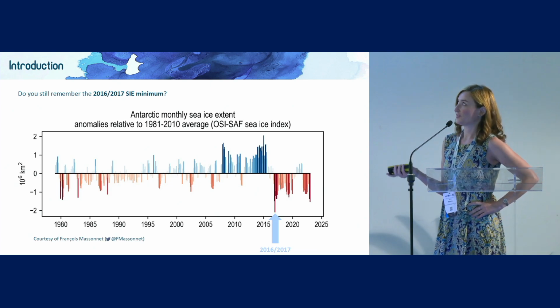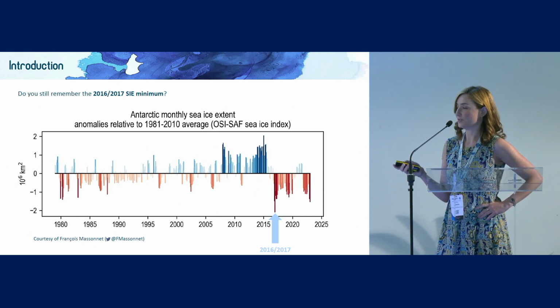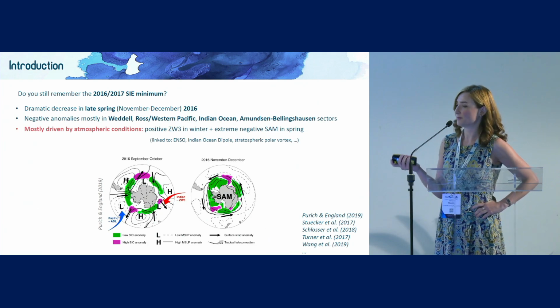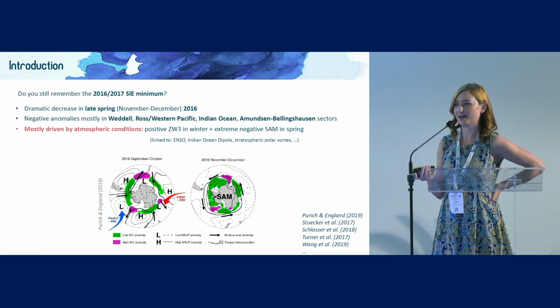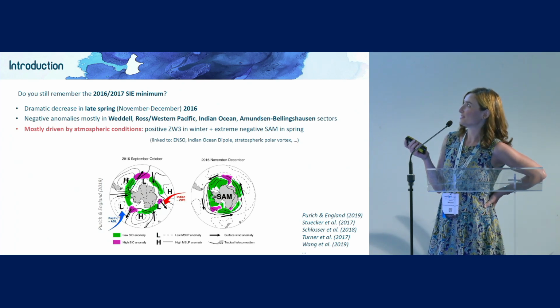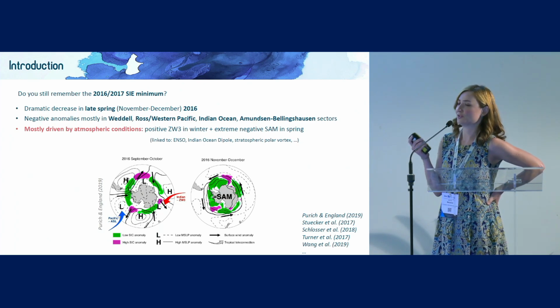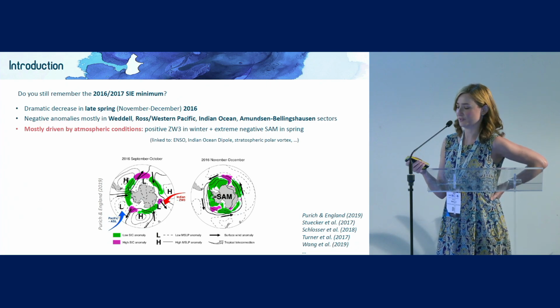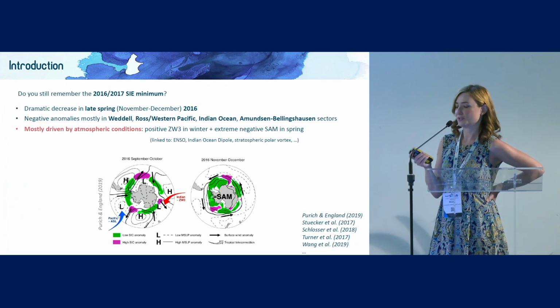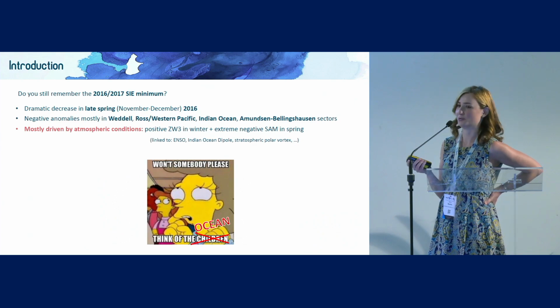So, of course, these events have been discussed a lot and described, and in particular, the driving mechanisms behind have been examined, and everybody agrees that this event was mostly triggered by the atmospheric conditions. But today's talk is actually about the ocean. What about it?